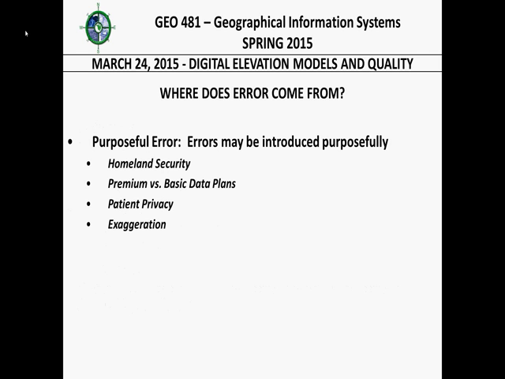Sometimes error might be introduced purposefully. And if you're not aware of that, you may misinterpret something that was purposely done.